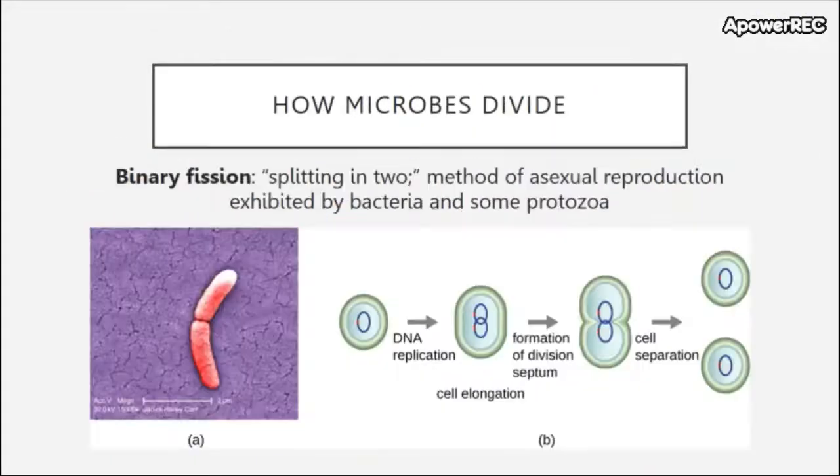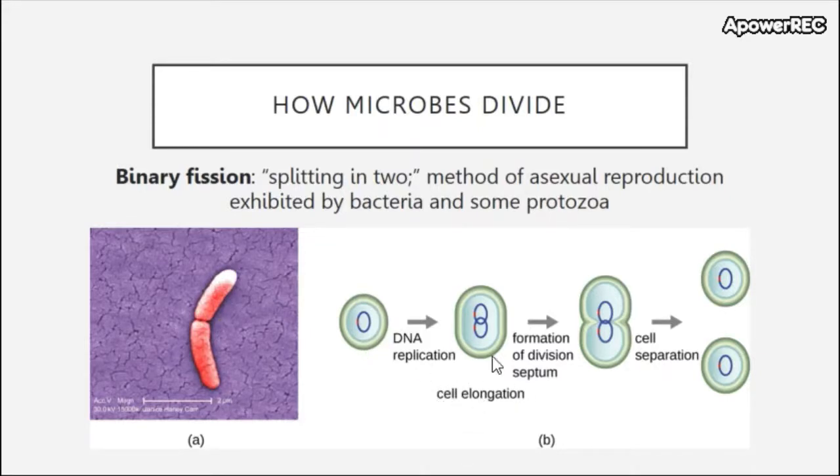So let's take a look at what replication looks like for a bacterial cell. So bacterial cells replicate through binary fission, which is the splitting in two, essentially. So here we see this bacterium. It used to be one, and then it's split into two different ones. So you need to have replication of different components of the cell, like DNA replication.